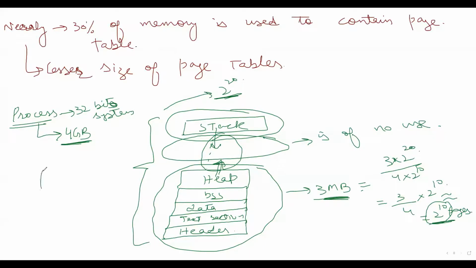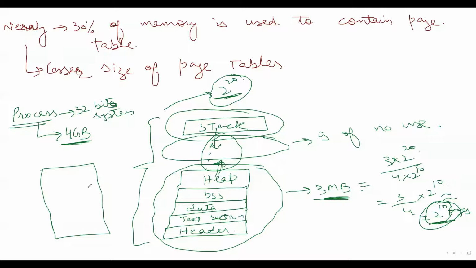So instead of having a page table that stores entries for all 2 raised power 20 pages, let's only store entries for 2 raised power 10 pages, so that the size of the page table decreases. This is the intuition behind decreasing the size of page tables.